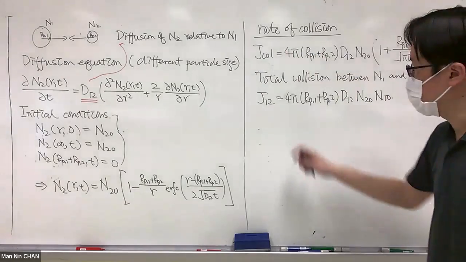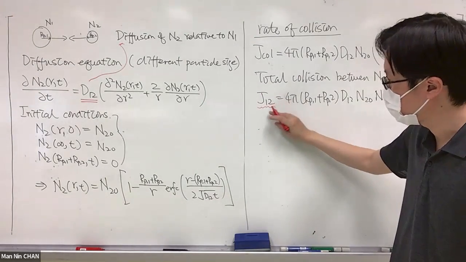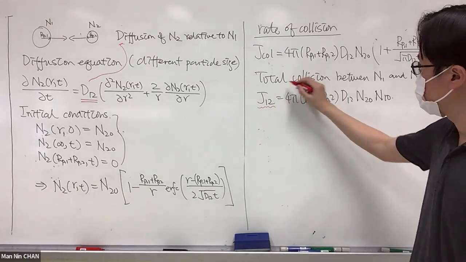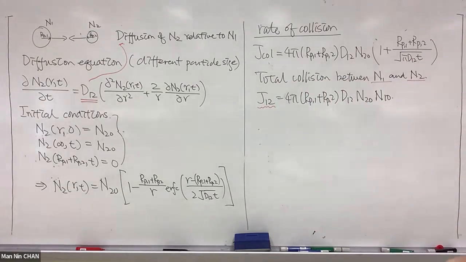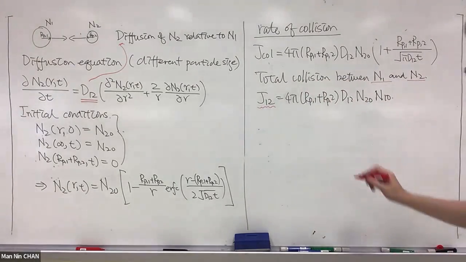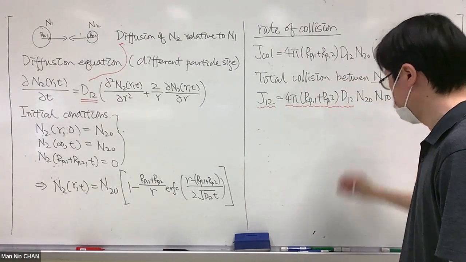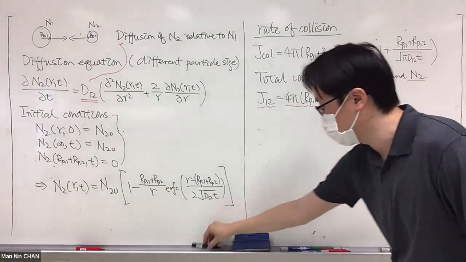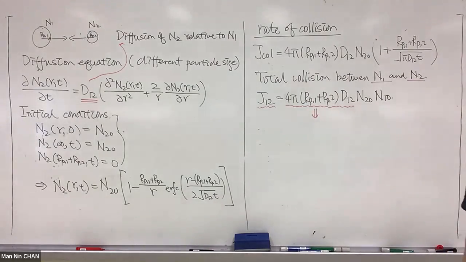Also, you can see that now I use the J12, which means we are looking at the collision between N1 and N2, these two types of particles with different size. And now you can put all these terms together, just like what we did for the particle with the same size.